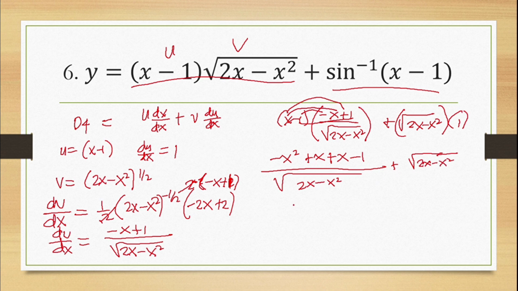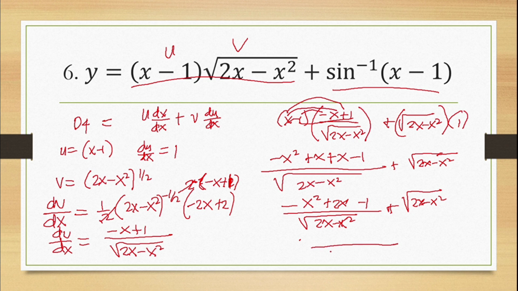So we are going to combine this part. We have negative x squared plus 2x minus 1 over the square root of 2x minus x squared, plus the square root of 2x minus x squared. Using the LCD, we have negative x squared plus 2x minus 1, plus the square root times the square root, which is 2x minus x squared, all over the square root of 2x minus x squared.